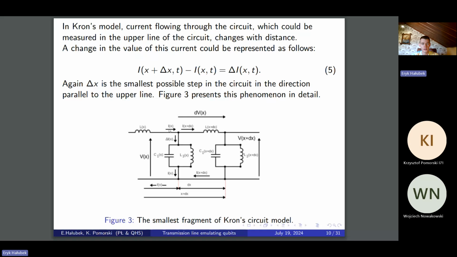There is current I of x that is divided into the current I of x plus dx and current delta I of x, which is flowing through the branch. It happens in each branch, but we show only two for simplicity. So this current flows to the ground potential in each branch like that. This delta I of x current is expressed as follows.